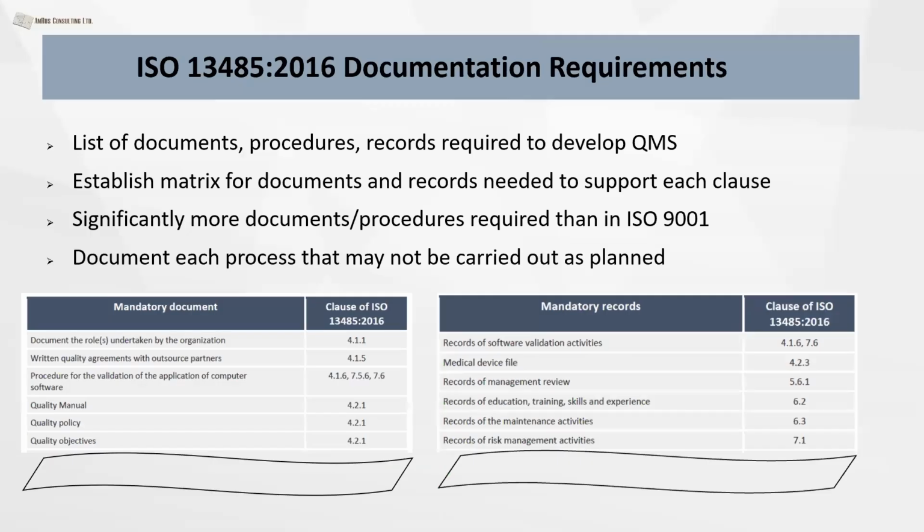Okay, so ISO 13485 does require certain documents, procedures, and records. And records are the data that you collect as part of this quality management system. Now, of course, what kind of records you have depends on the product that you're building, but you'll see here, these are some of the required records.